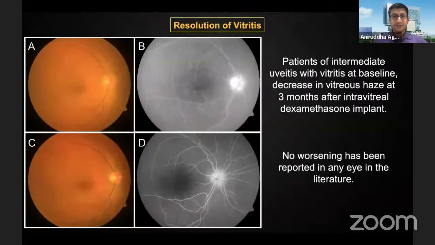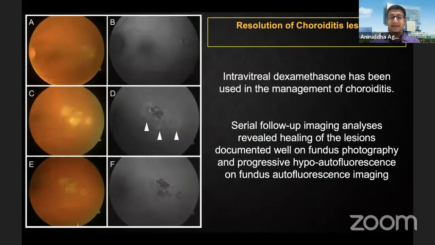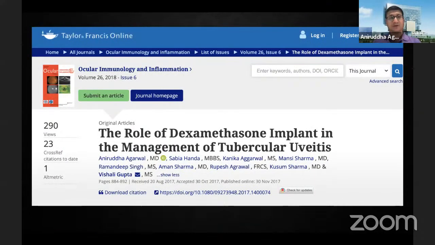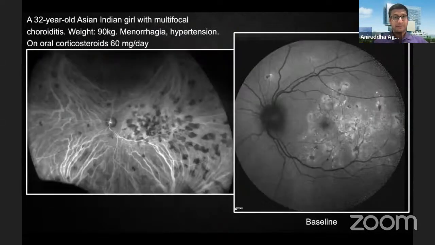Finally, I'm completing with just a couple of examples here that you could use local therapies also in patients with vitritis, and also if you have a residual choroiditis lesion, you can of course use a local Ozurdex implant in these patients. And of course, TB uveitis is also something that can be treated with local therapy.